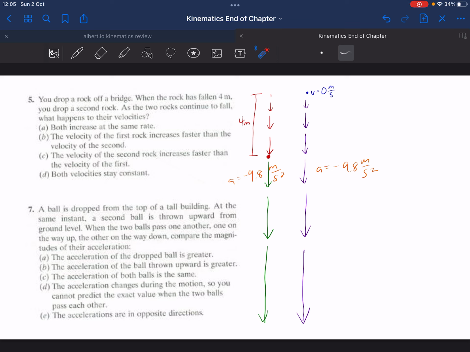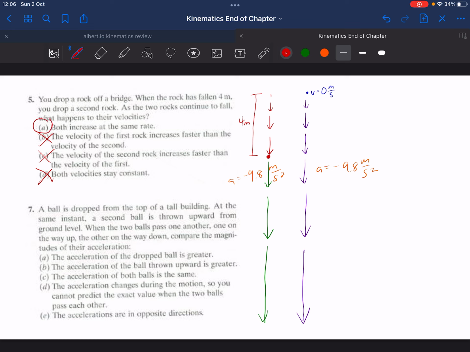But the rate of change of velocity, as you know, is our definition of acceleration. Acceleration is the rate of change of speed. So choice D is an incorrect answer, right? Velocities are not going to stay constant. It's going to accelerate. B and C are incorrect because the rate of change of the speed is the same.